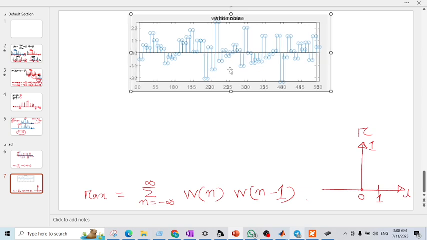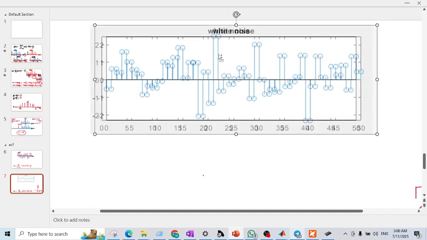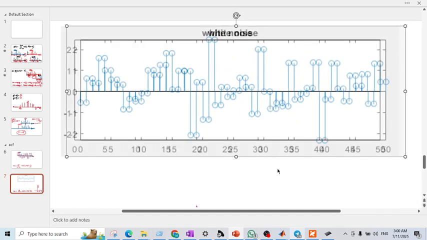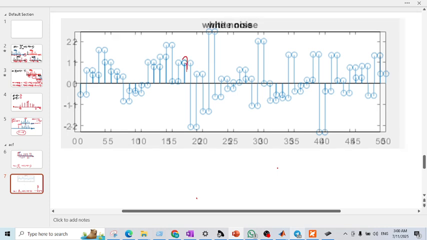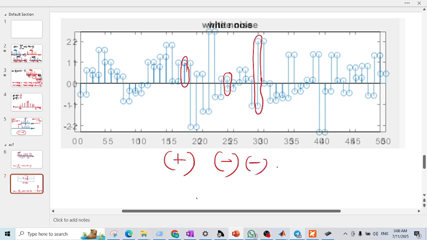Okay, I think the shifting is not so good, but now let's see. Here both signals are positive, so if you multiply, you get positive. But here one is positive and one is negative, so you get negative. Again here one positive and one negative, you get negative. But here both signals are positive, so you get positive.